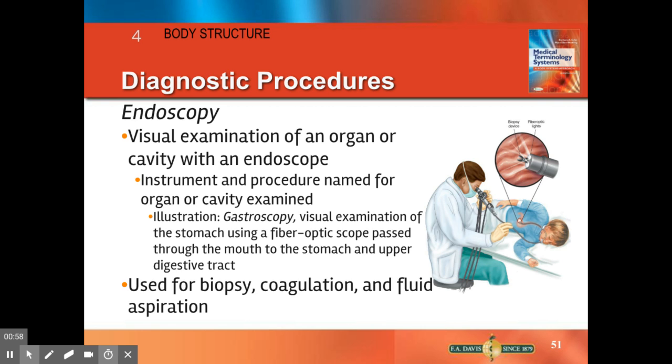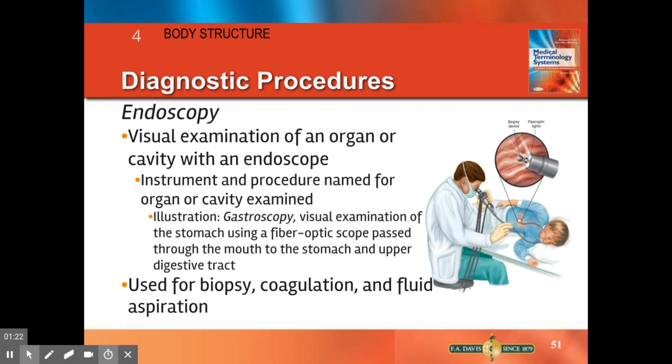So what you're seeing there is a gastroscope, but there's also a colonoscope, which goes up through the rectum into the colon, where you can see what's going on. If there's anything in there that shouldn't be there, there's the ability to cut, remove, and cauterize. They can remove polyps.